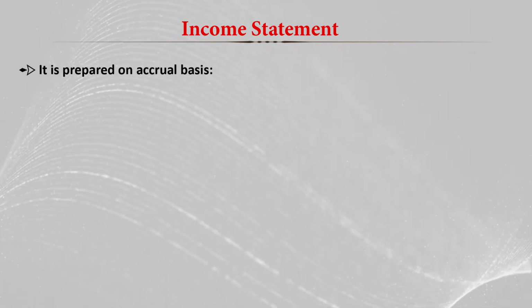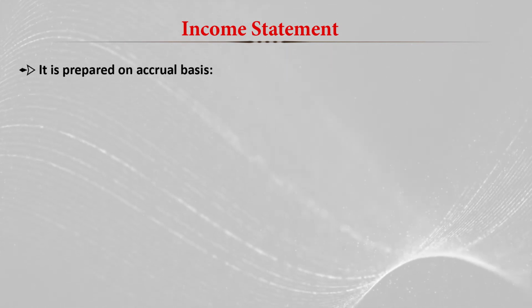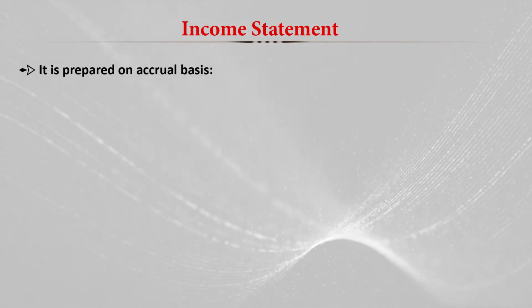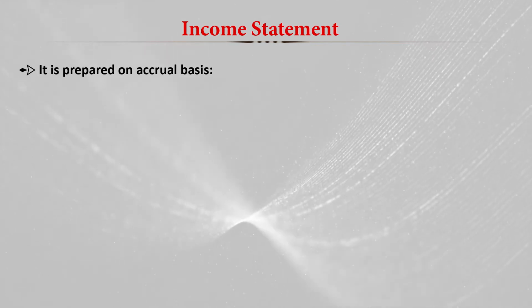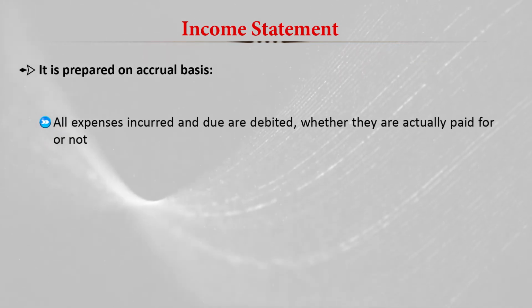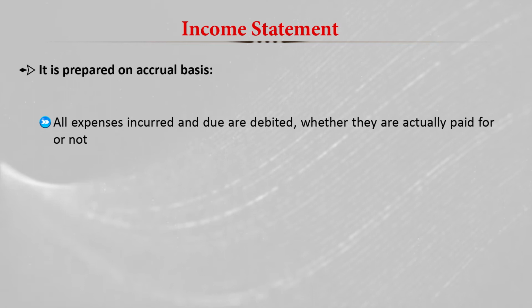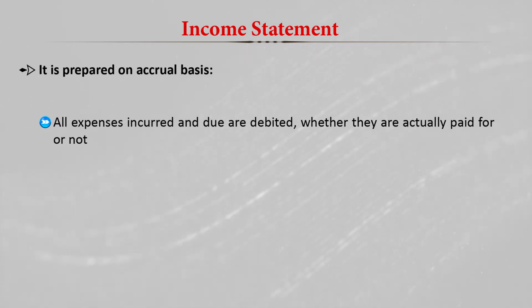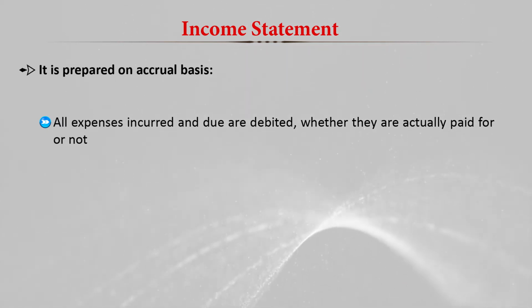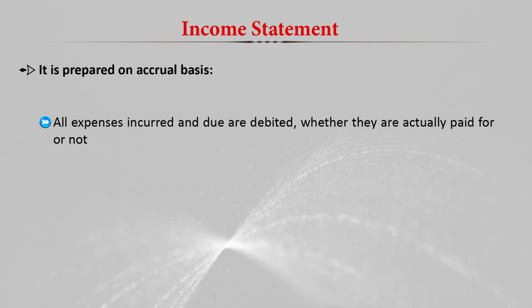When we talk about the income statement, it is prepared on the accrual basis. Accrual basis means all the expenses incurred or dues are debited, whether they are actually paid or not.